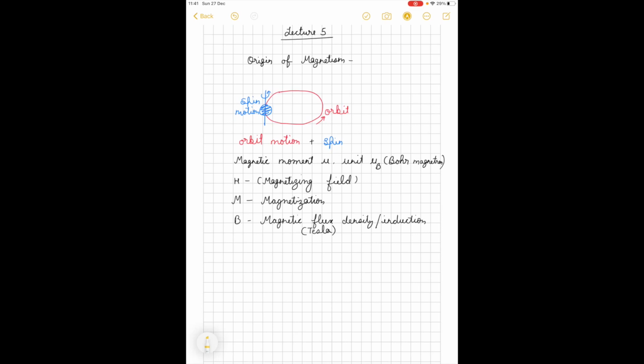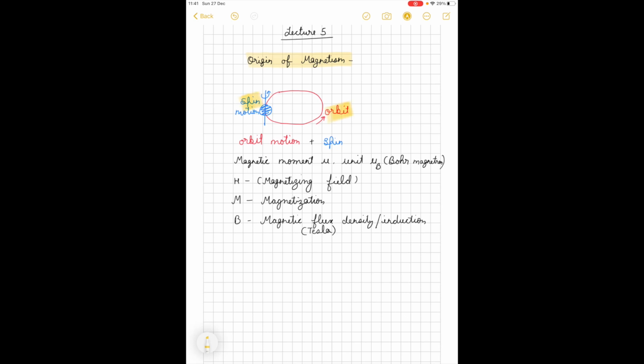Good morning, guys. In the last lecture, we started the magnetic material part. Basically, we saw the origin of the magnetism, which had three parts: the nuclear part, the electronic part, which had two parts again, the orbital part and the spin part.